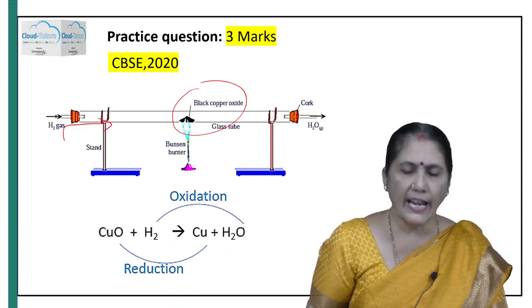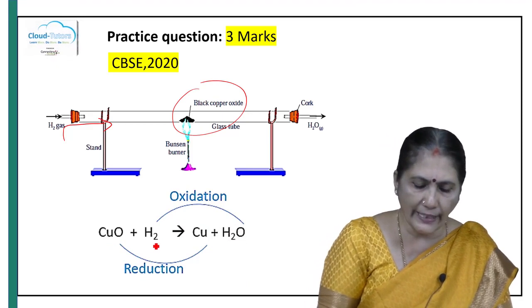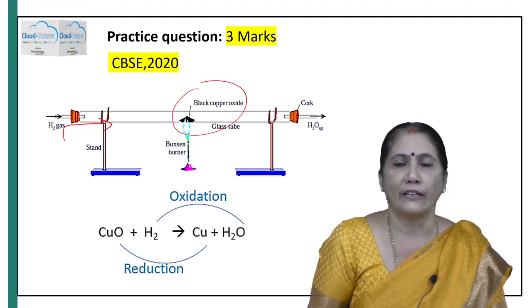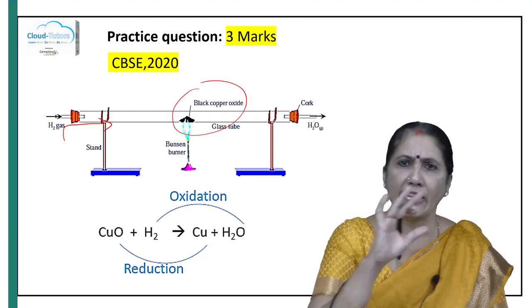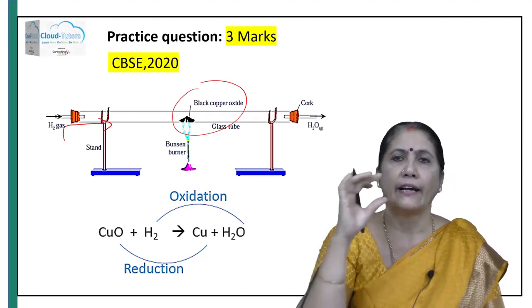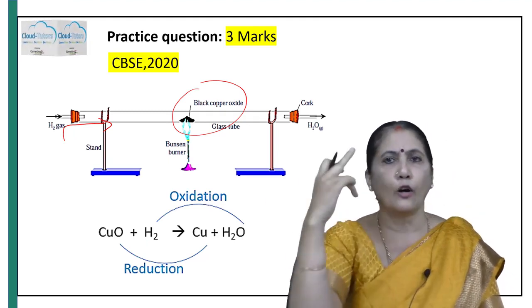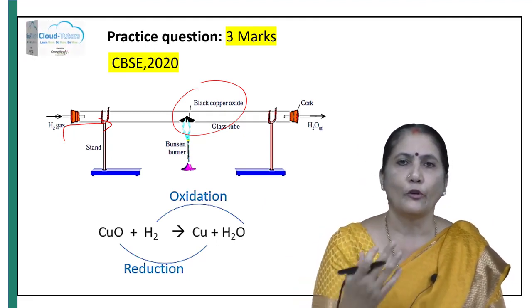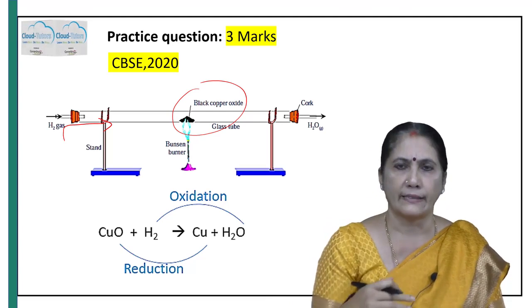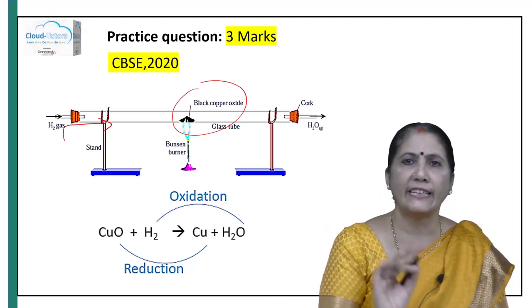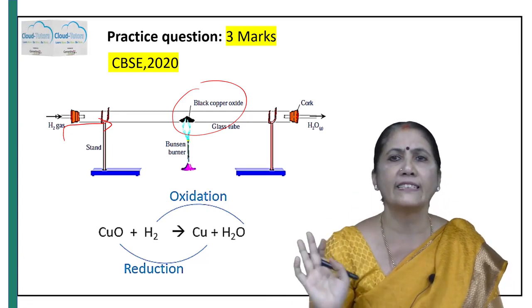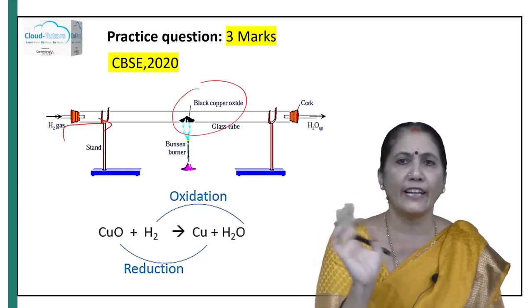Immediately the reaction happens between copper oxide and hydrogen, resulting in the formation of copper and water. So you have to just mention the equation, write the name of the reactant, how it is getting converted into product. Subsequently, you are going to fetch your 3 marks. There is no need for drawing the diagram. This is just for mere explanation for you to understand. That's all. So do not waste your time.